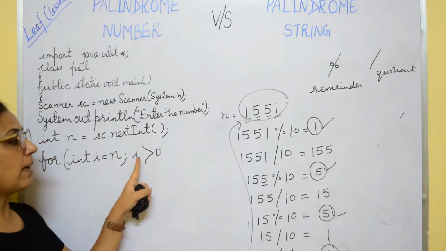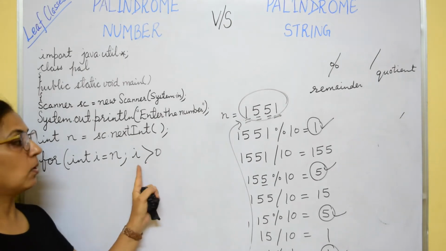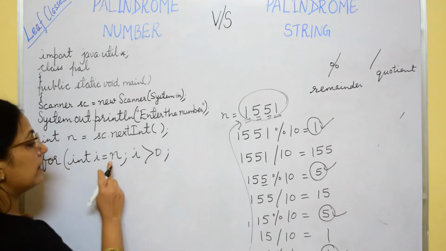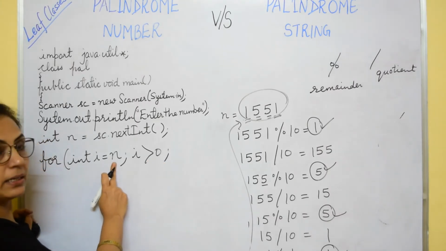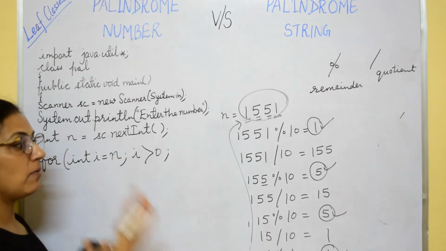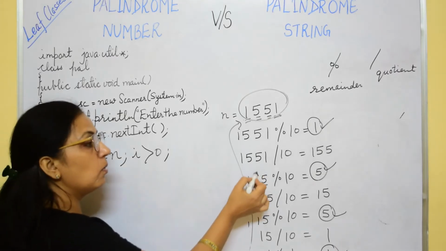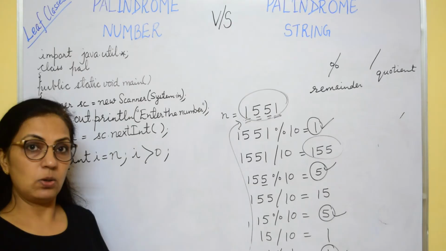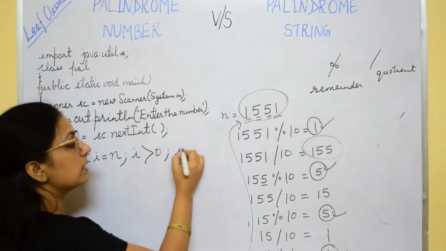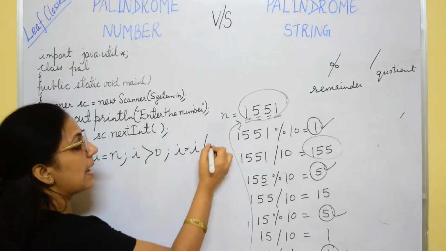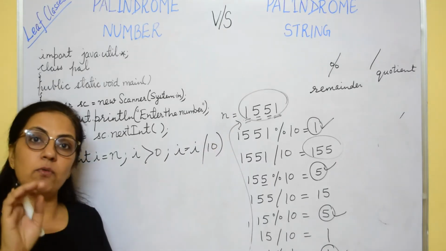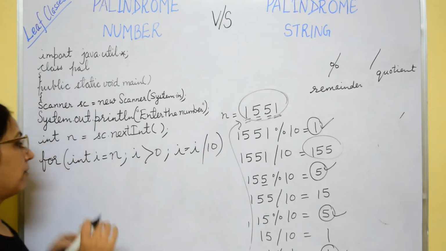So till the value is greater than 0, every time we want to repeat this process. In the beginning it is the number entered by the user, and next time you want the number except the last digit. So we take i equals i/10. This gives you the next number, removing the rightmost digit every time.